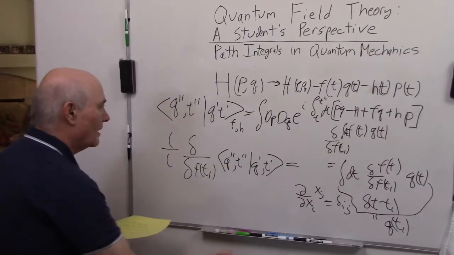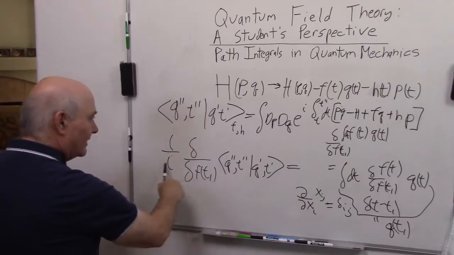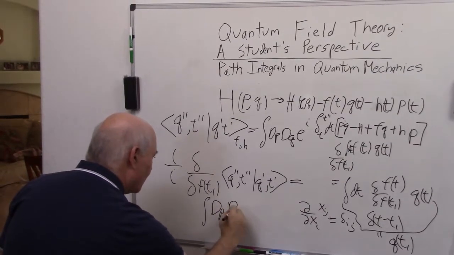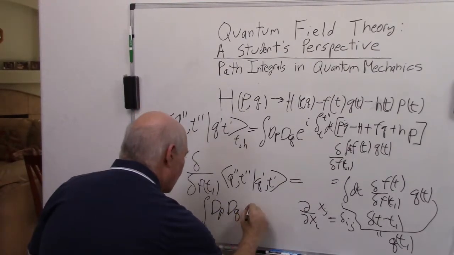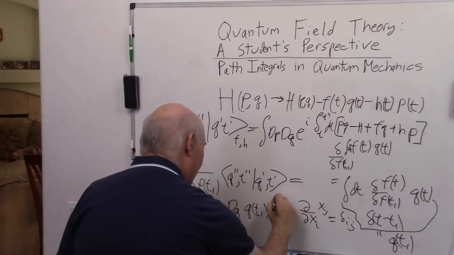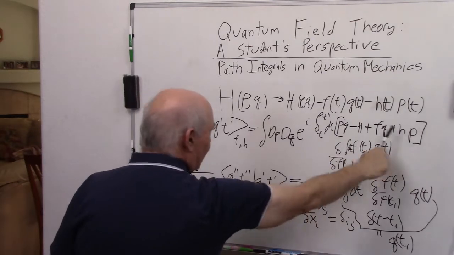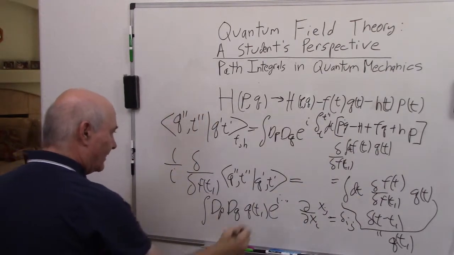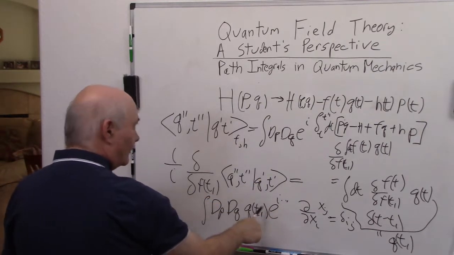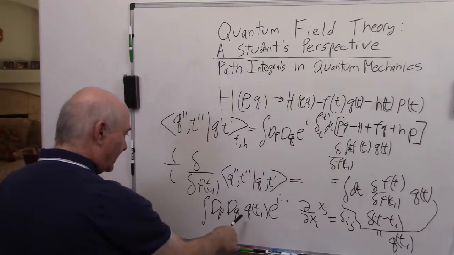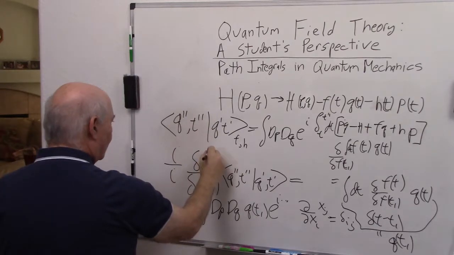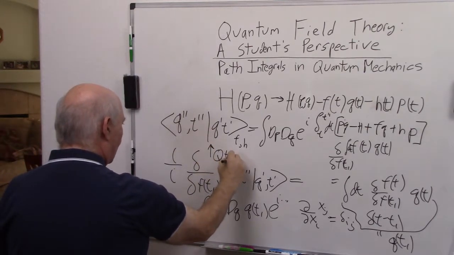So when we evaluate this, we end up getting the integral of dp dq, q of t1, and then that whole e to the i dot dot dot, exactly that. And if we set f and h equal to 0, we're going to get our usual path integral, but with an operator insertion over there, q of t1.